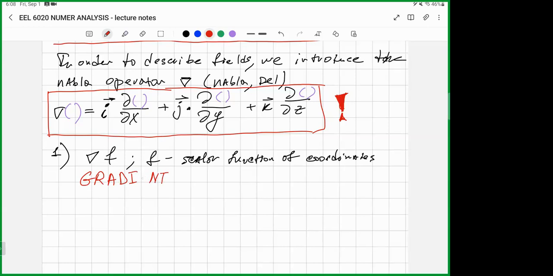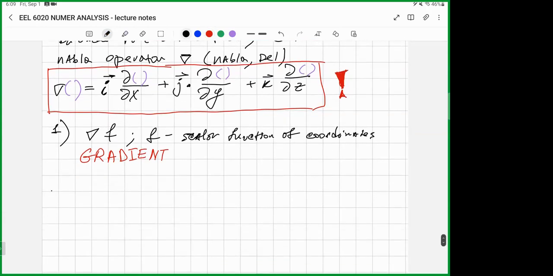Okay, another possibility here, if my function is a vector, but the nabla operator itself, as you can see, is kind of a vector because it contains this i, j, and k, which are vectors.